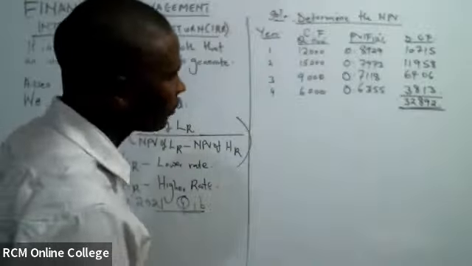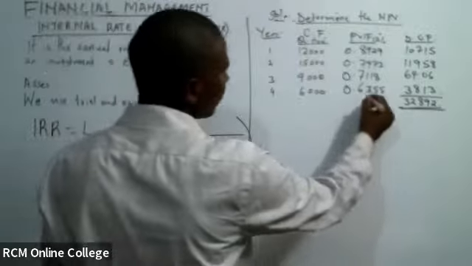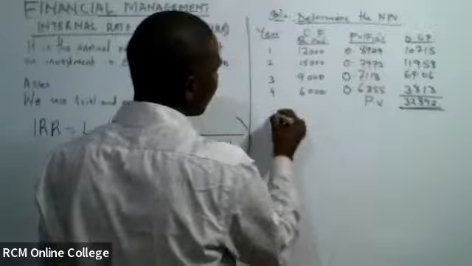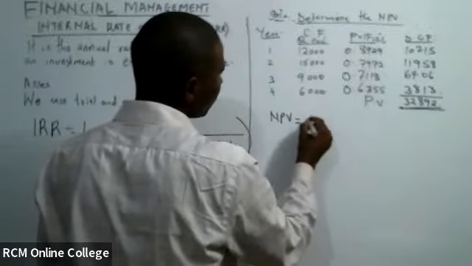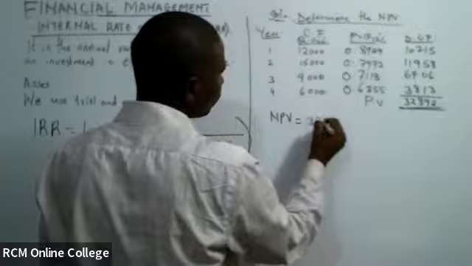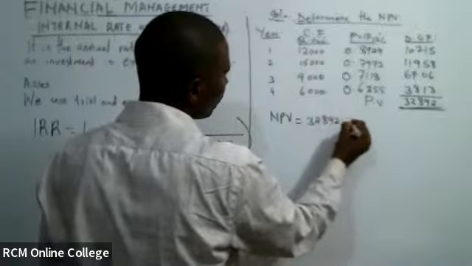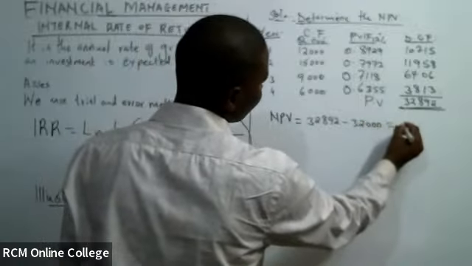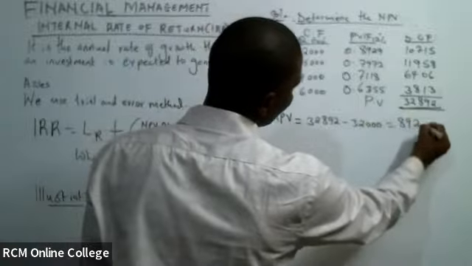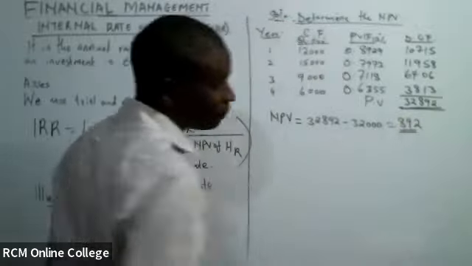Brilliant. Great. So if this is the total present value, we can get the NPV, net present value. It's given by 32,892 minus initial outlay of 32,000. What is our net present value? 892.